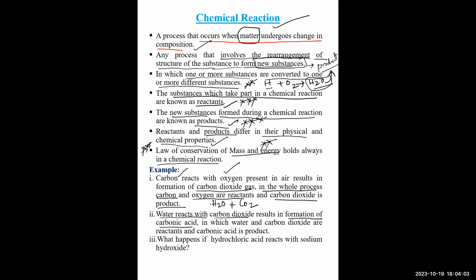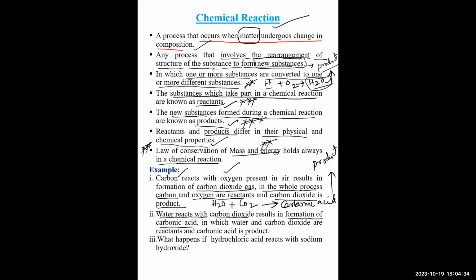Whenever these two reactants are combining in a chemical reaction, we are going to get a product called carbonic acid. Carbonic acid is called what? Carbonic acid is a product. Water plus carbon dioxide are called reactants, and carbonic acid is called a product. So in this, water and carbon dioxide are the reactants and carbonic acid is a product.